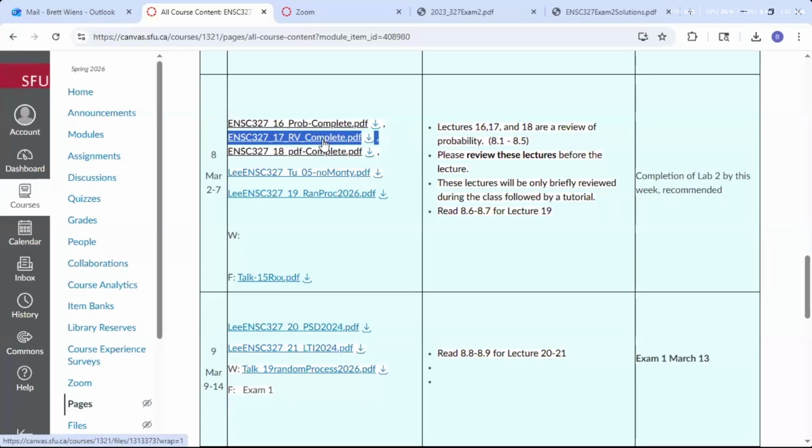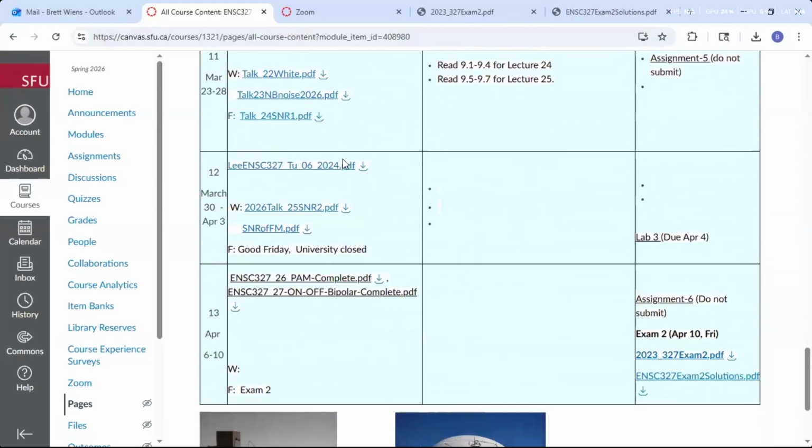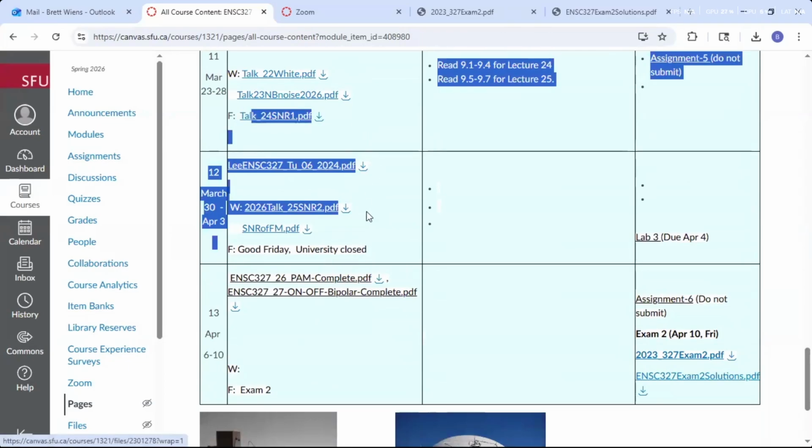It's random variables. Random variables and random processes are the main focus of this second half of the course. What we've been working towards are these lectures that we've just finished in the last week or so, the SNR lectures. What we worked up to was a derivation to find the signal to noise ratio of all of the different modulations that we've used.